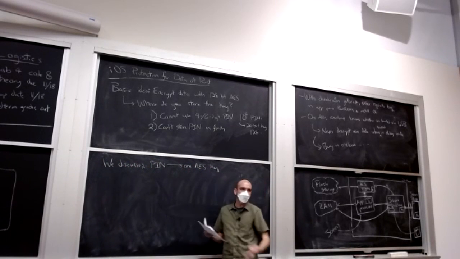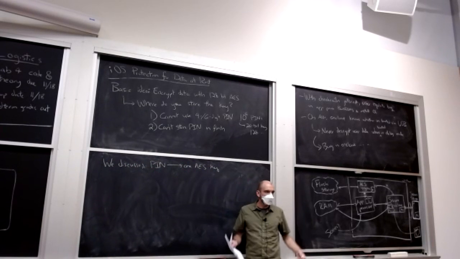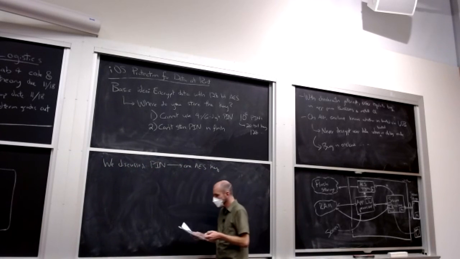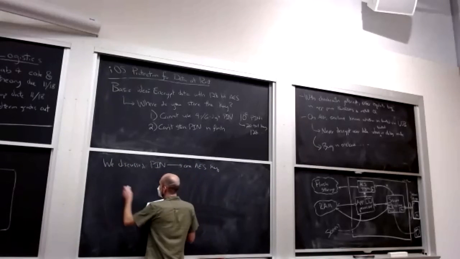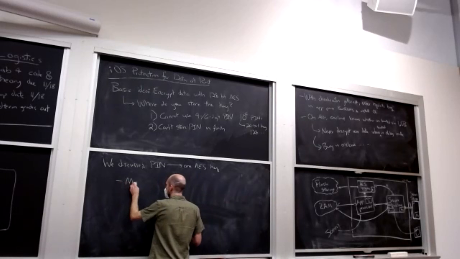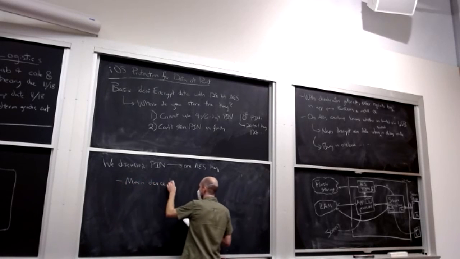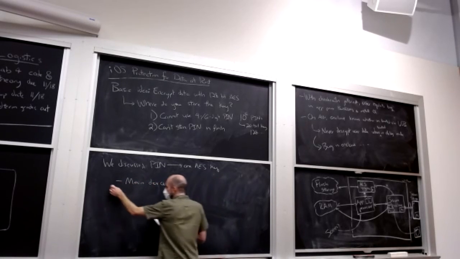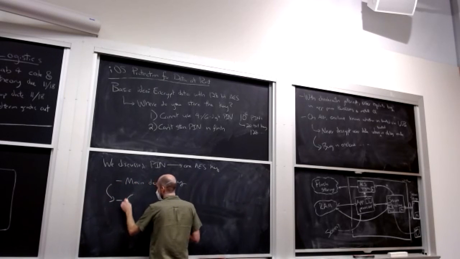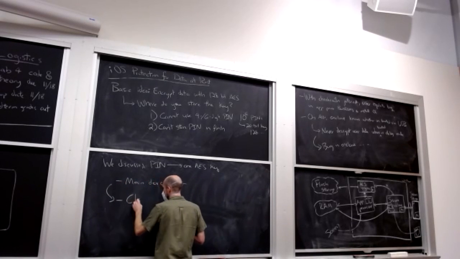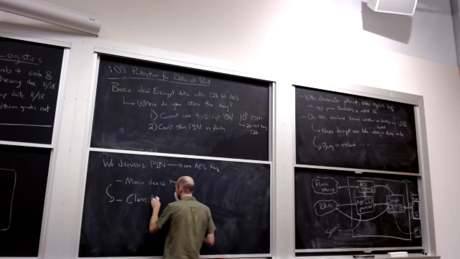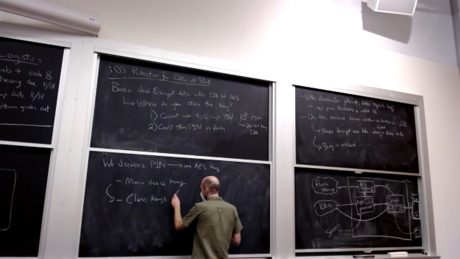So there's actually an entire hierarchy of keys that your phone derives when it's running. There's a main device key, which is the one that you get when you enter your PIN. There are also what are called class keys, for different types of things.